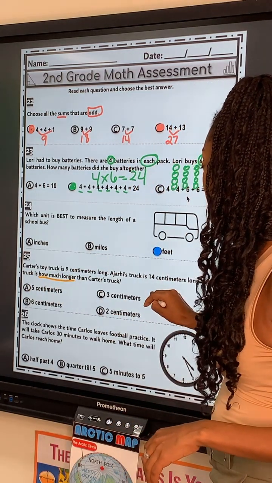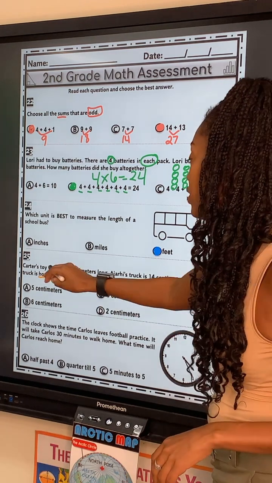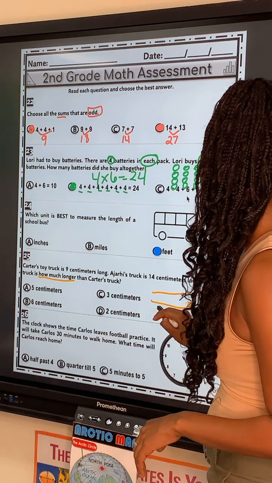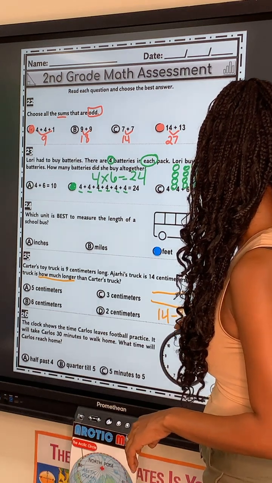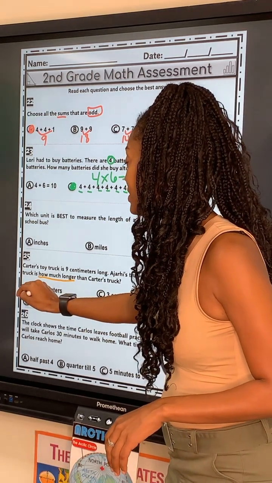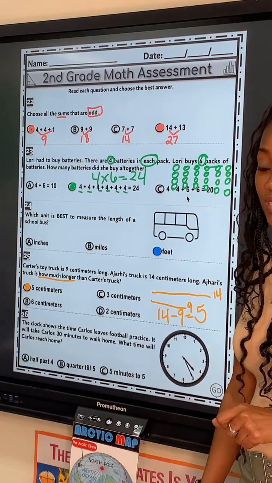So for instance, if Ajari's truck is 14 and it's telling you that Carter's truck is 9, I have to do 14 minus 9 to find my answer, and 14 minus 9 is 5. And the unit of measure is centimeters.